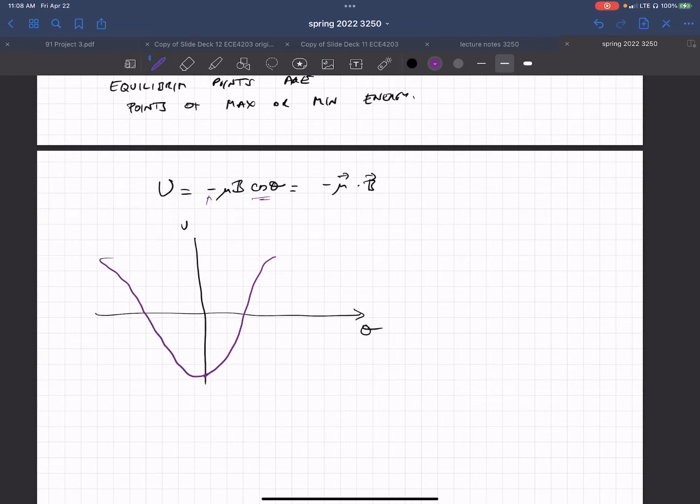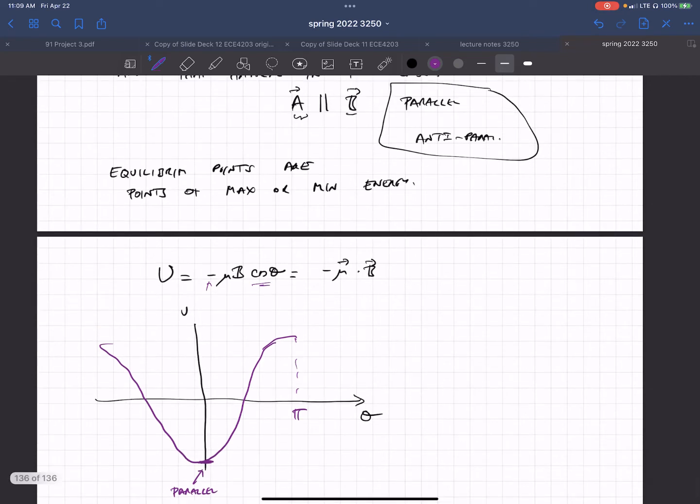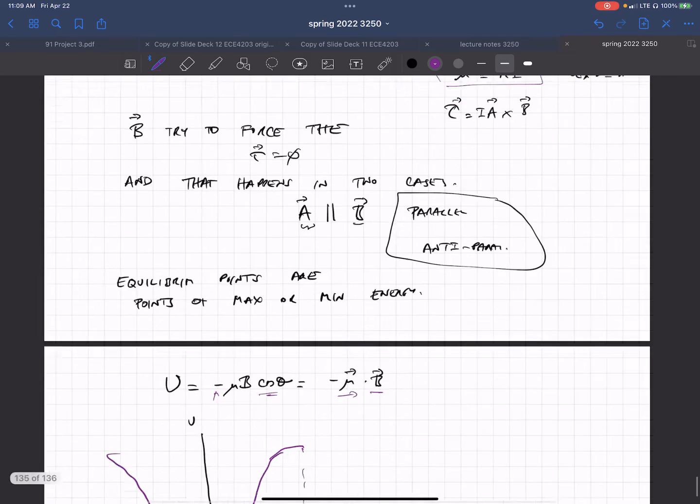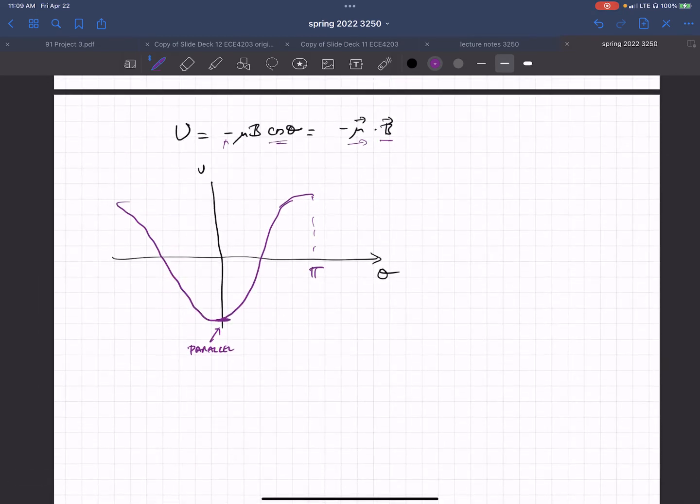Because of this negative sign, cos theta would be minus 1 at pi. So this would be when they are parallel, I guess. The A and the B are parallel, with this mu and B. So mu is pointing in the same direction as A. And I guess this would be the anti-parallel case. Okay, and so this would be the point of minimum energy.